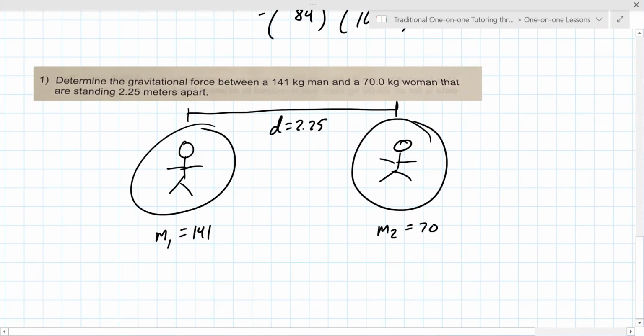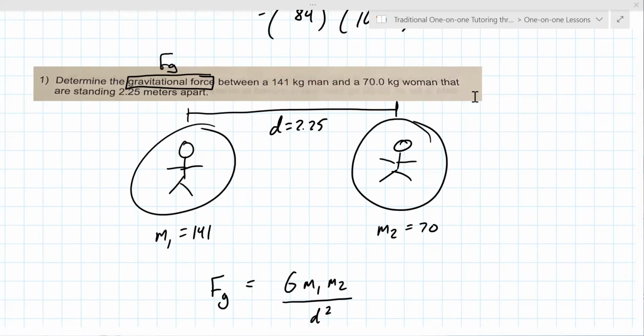What is this asking for? The gravitational force. It's asking for FG. FG equals G M1 M2 over D squared. Do you have those values? Yes, you do. So that's where you put those into the given equation.